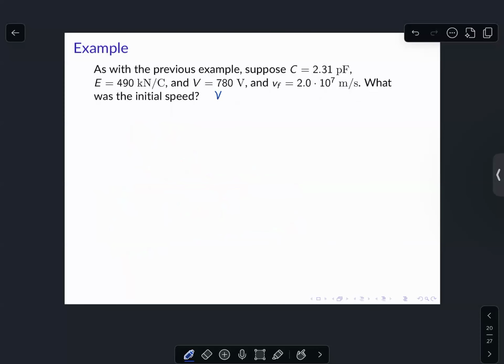I do need to give you the mass of the electron and the charge of the electron. This is Google Form K. Find the initial speed using the logical numbers.